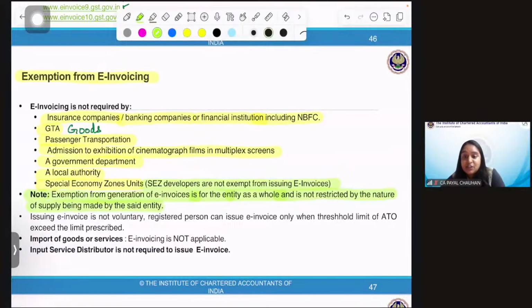Then Ashlesha says developer. Beta, you would have done this in Section 10AA, right? Do you remember? A person who develops a SEZ also gets the exemption, and a unit in a SEZ also gets exemption under direct tax. But in terms of e-invoicing, it is only for the SEZ unit. It is not for the SEZ developer. This is the point.